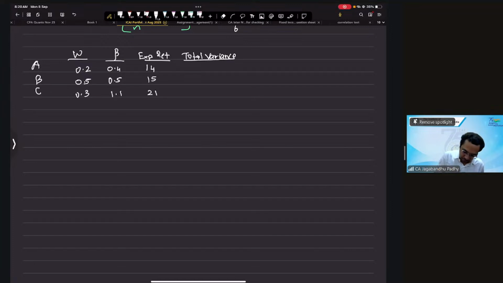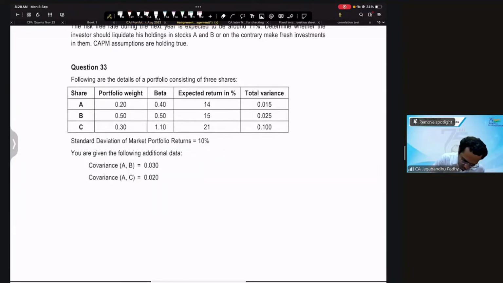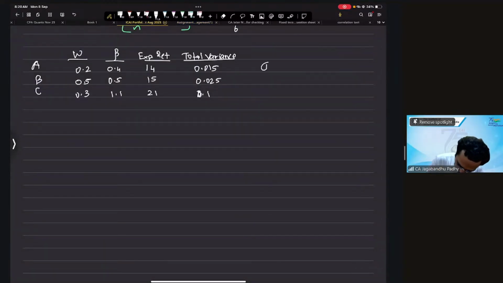And then we have the total variance. Total variance is given as 0.015, 0.025, and 0.1. Okay, that's a total variance. Then we also have the standard deviation of market to be 10%, which is 0.1.